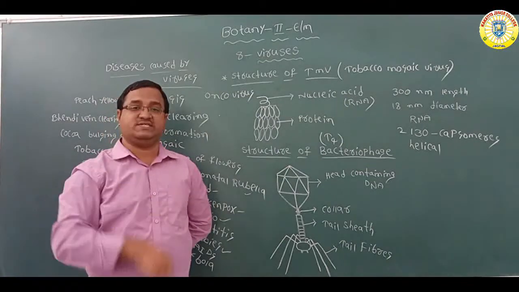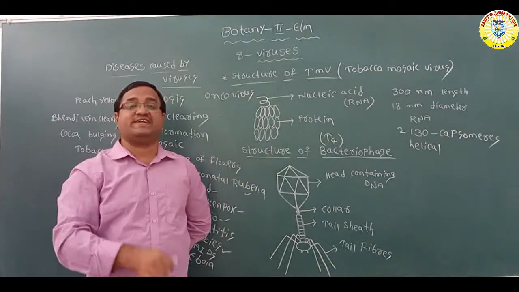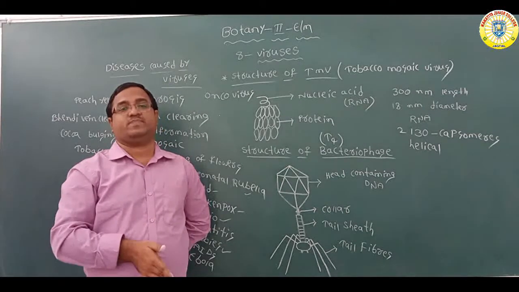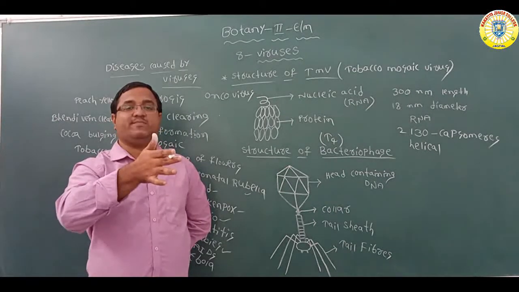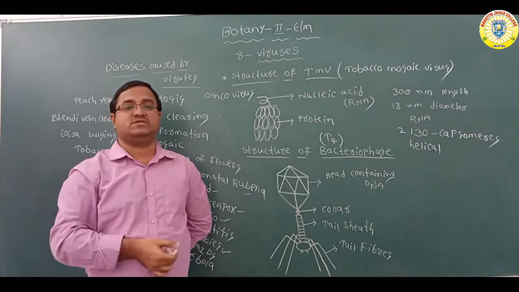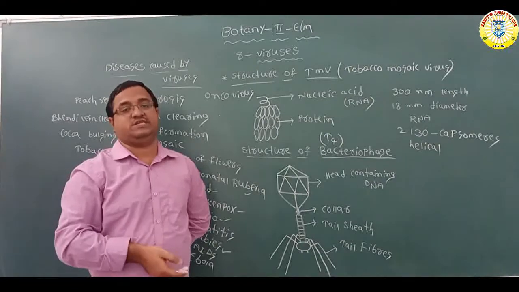Viroids cause different types of diseases in commercial plants, especially tomato, potato, cucumber, and citrus. Okay, so these are the diseases.